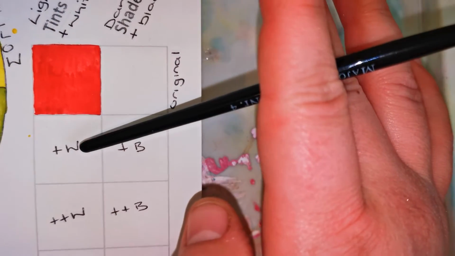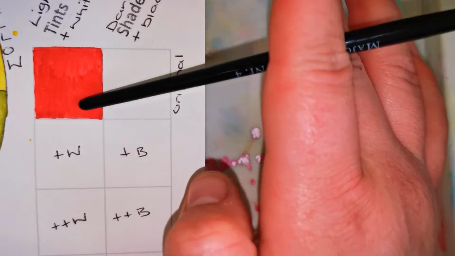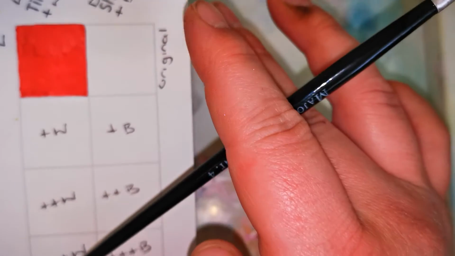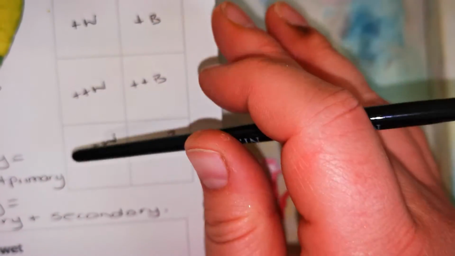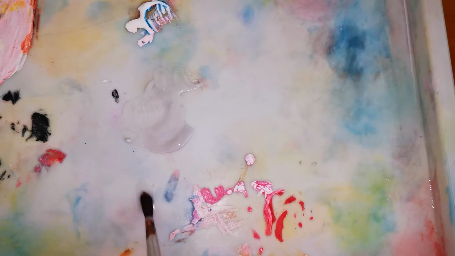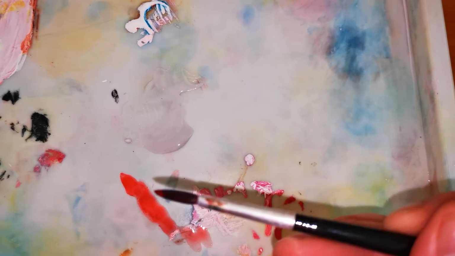Okay, so now what I'm going to do, we are just going to revisit our sheet. So we're going to have red and a little bit of white, red and more white, and red and more white. So what might be easiest to do here is start off with the lightest colour and then add more red each time. So we've got lots of white at the minute in our palette, and I am just going to add the tiniest bit.